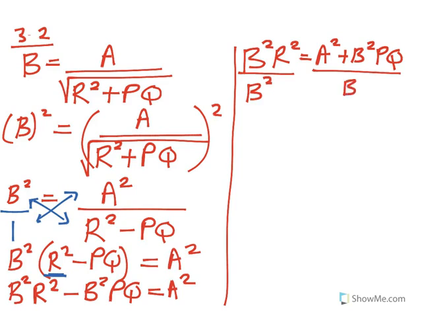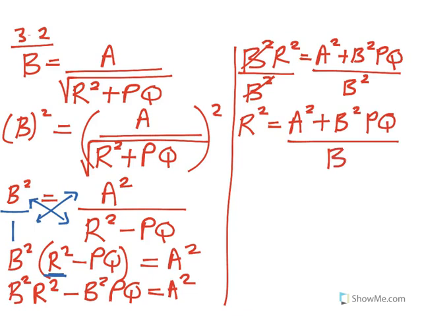If I do that, I'm going to have R squared is equal to A squared minus B squared PQ over B squared. Now remember, I must remain with R as the subject of the formula.